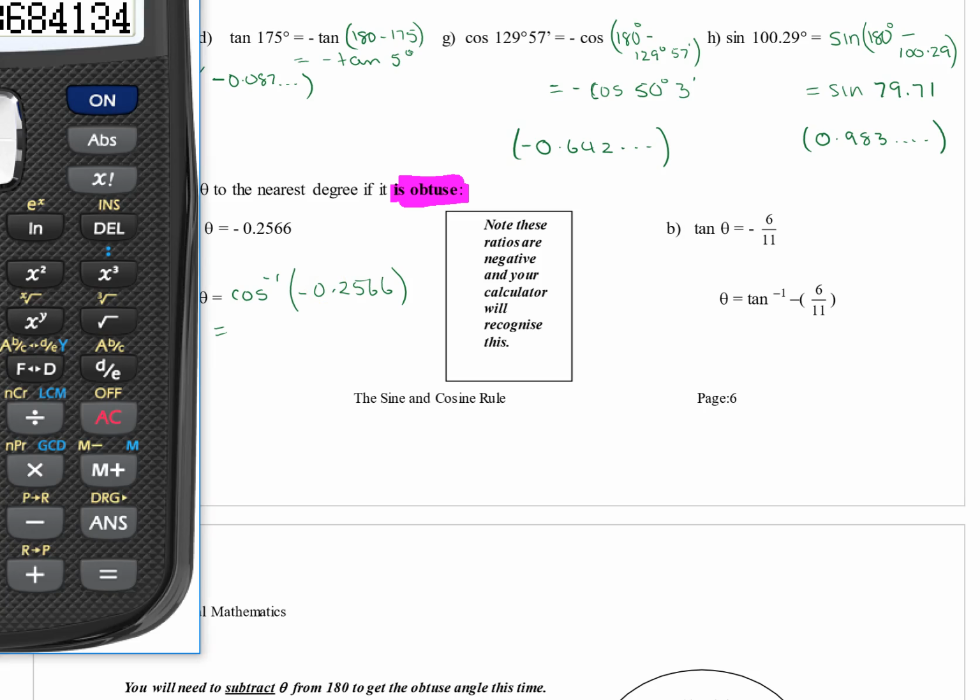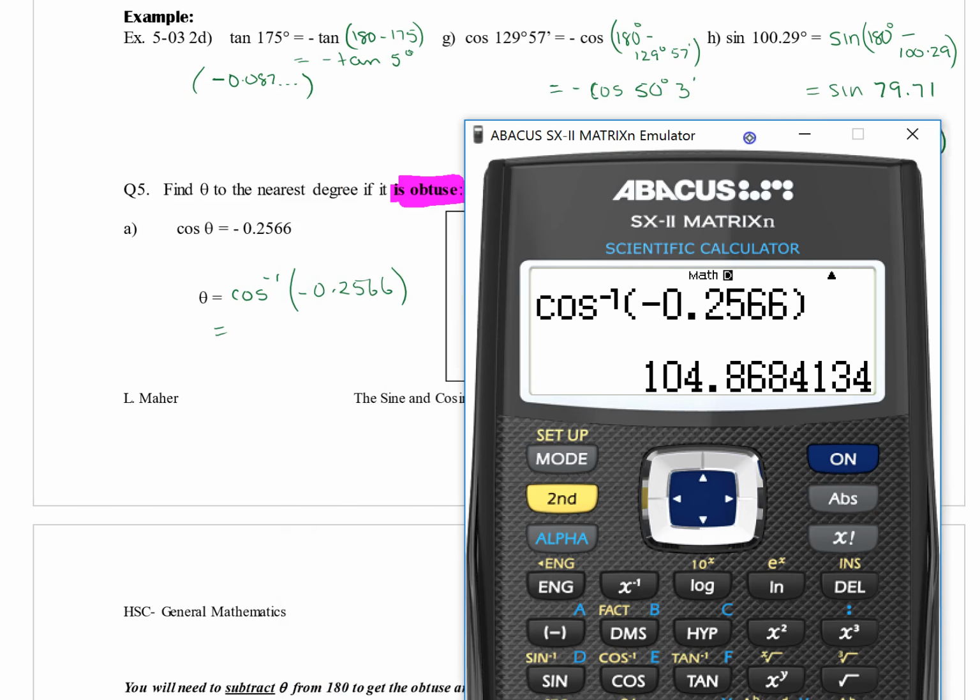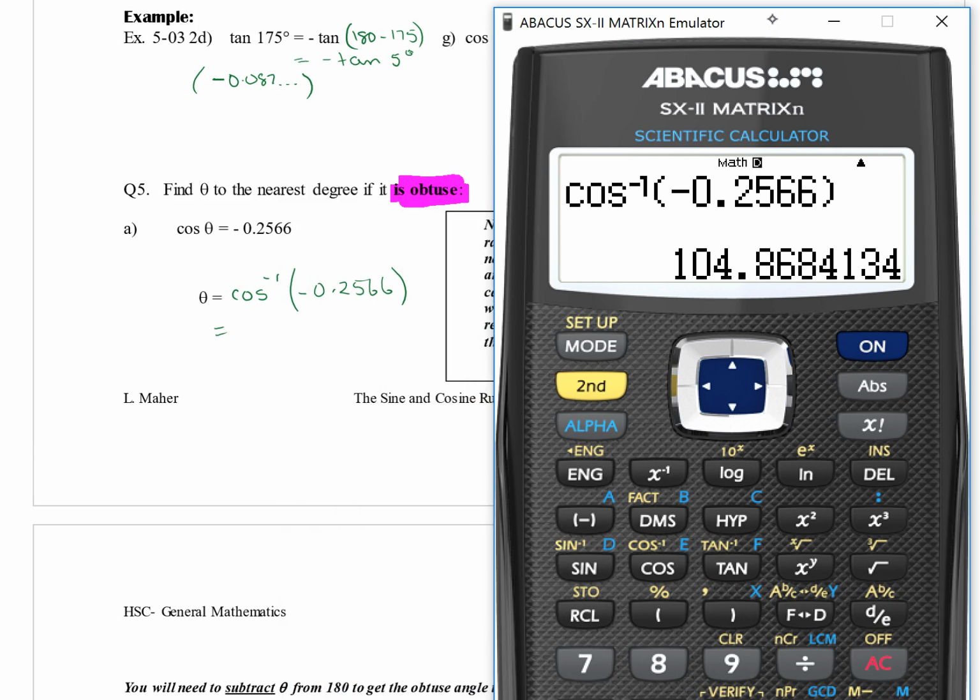Now let me see if I can drag this so that you can see it. So you can see I've got cos inverse of the negative, and automatically the calculator is telling you it's 104.86. So the calculator understands and gives you an obtuse sized angle.